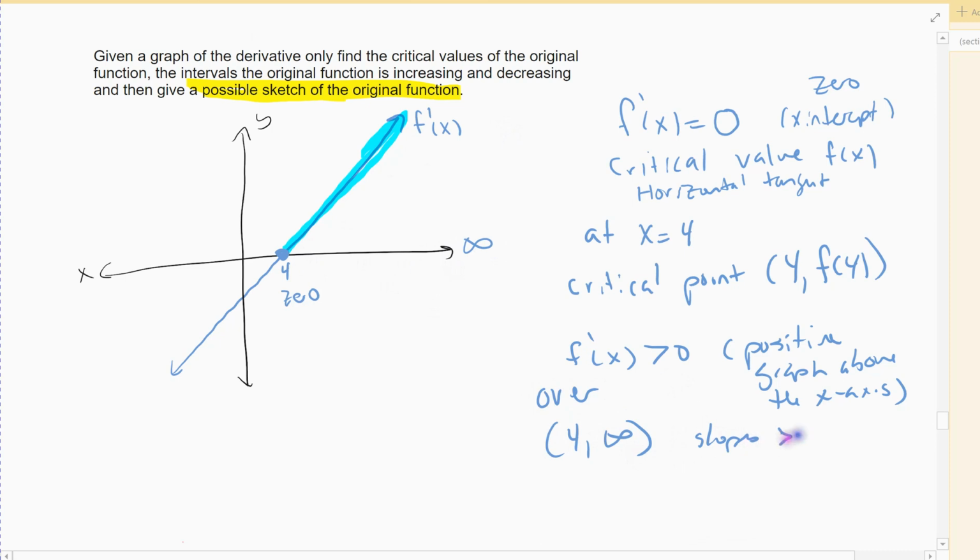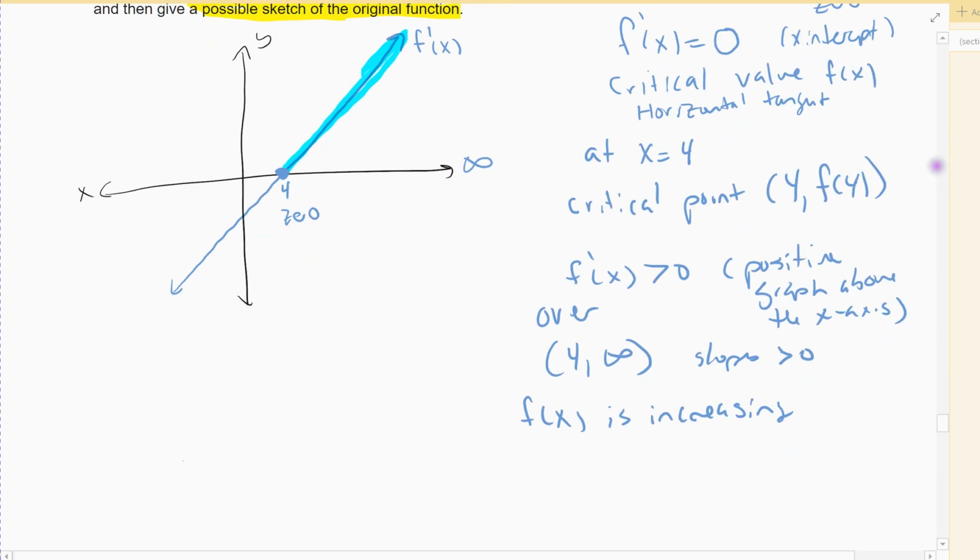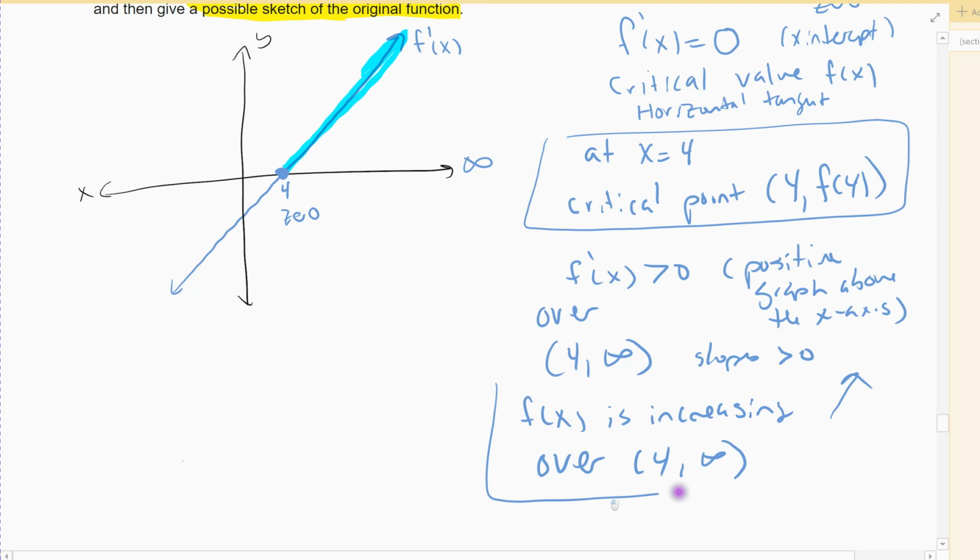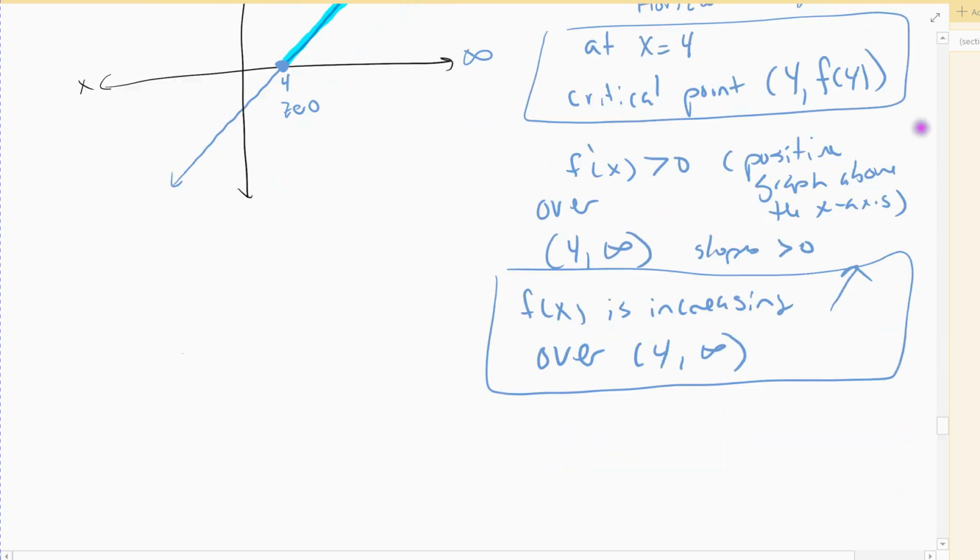The slopes are positive, which means the original function f of x is increasing. If I've got positive slopes, my function's increasing from 4 to infinity. How fast or slow, I don't know, but it should be moving in the upward direction. So I know I have a critical point, and I know it should be increasing from 4 to infinity.